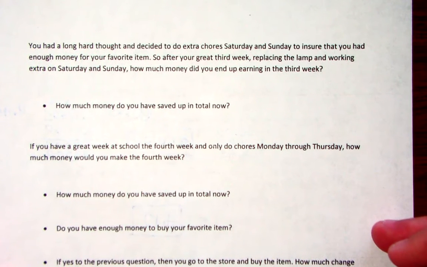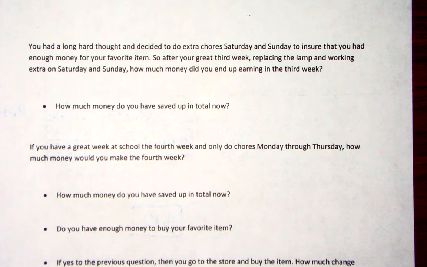Let's see, there is still stuff on the back side. So let's flip to the back. Now it says you had a long, hard thought and decided to do extra chores Saturday and Sunday to ensure that you had enough money for your favorite item. So after your great third week, replacing the lamp and working extra on Saturday and Sunday, how much money did you end up earning in the third week?